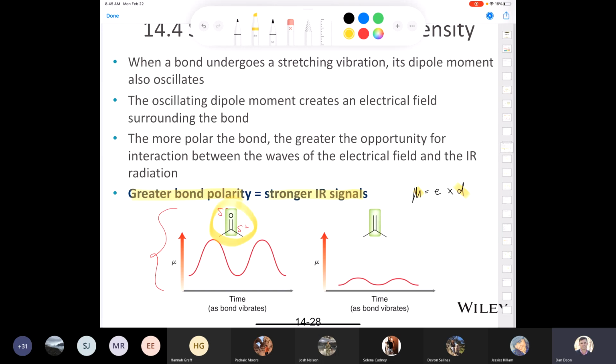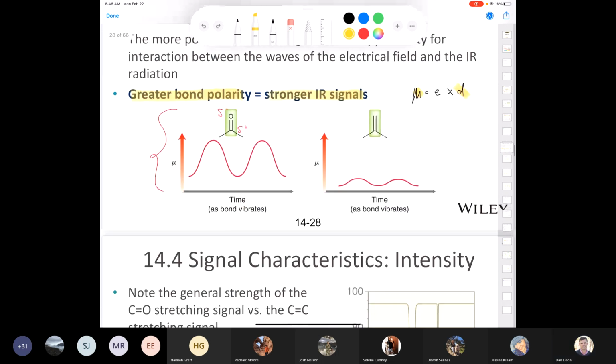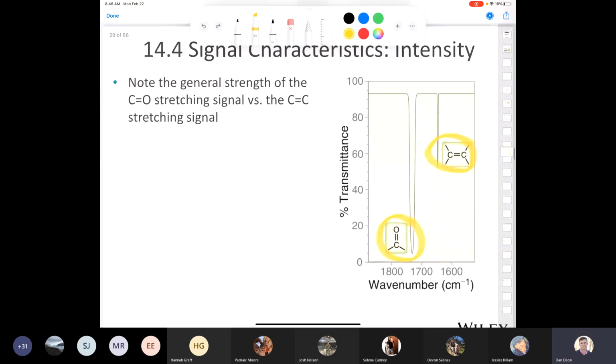So you see a carbonyl has a strong dipole, so therefore it's going to have a stronger signal. And if you have something like this, a carbon-carbon double bond, it's got a very weak dipole, and therefore it's going to have a weaker signal. Right, so here's an example. If you look at a carbonyl, it's got a really strong signal. And if you look at an alkene, it's going to have a weaker signal. So again, based off of the dipole.